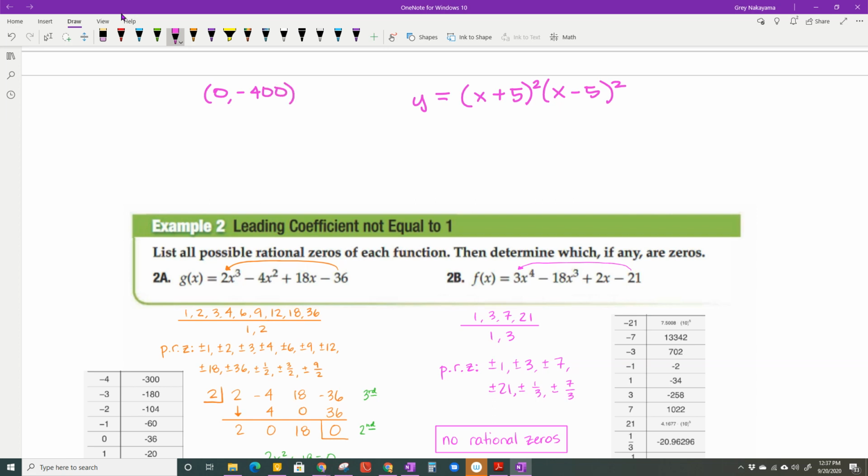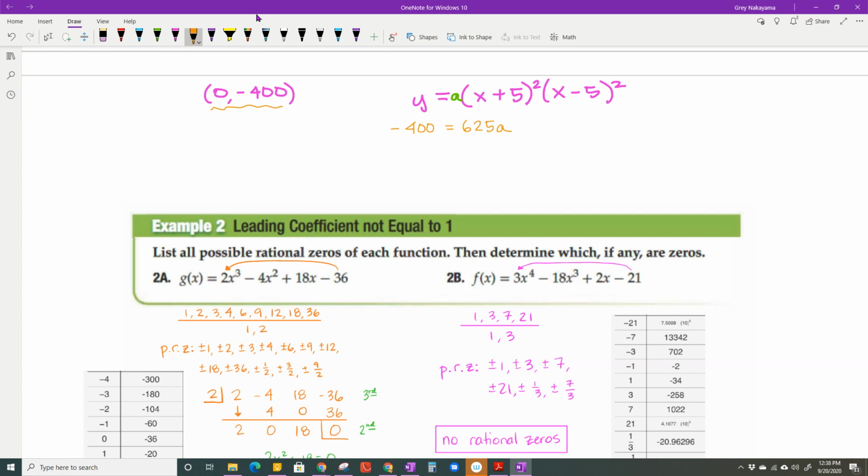If I put 0 in for x here, that's going to give me 25. And if I put 0 in here, that's going to give me 25. And 25 times 25 doesn't equal 400. So what you actually have to think about is there's really an a value here that affects the vertical stretch of your graph. If I plug this into my equation, I'm going to have negative 400 equals a times 25 times 25, which happens to be 625.